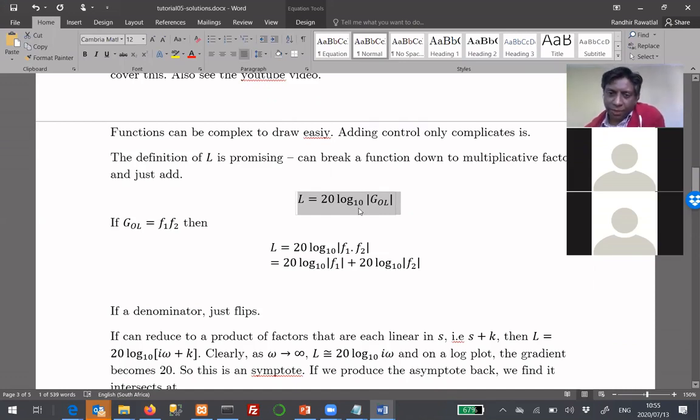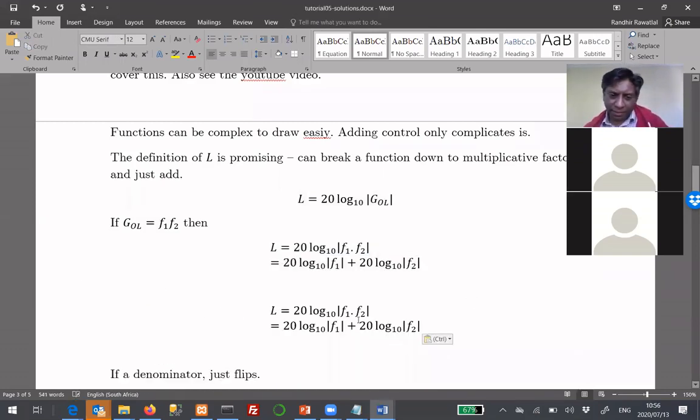And the advantage of using a log in this definition for L is that we can start to break down our function G. If we are able to write G as the product of two functions, let's say F1 and F2, then we can take advantage of this property of the logarithm and rewrite this as 20 log 10 of F1 plus 20 log 10 of F2. That will have an advantage in terms of plotting out the function and finding the behavior.